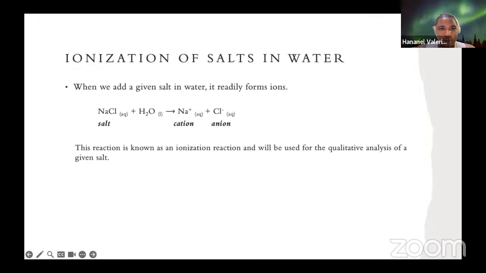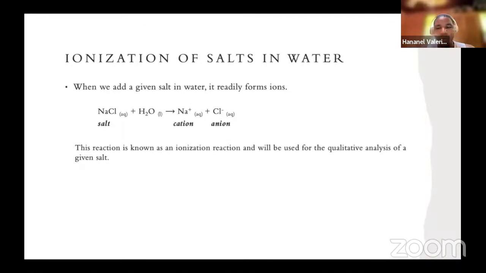Now, ionization of salts in water. When we add a given salt to water, it readily forms ions for us. Sodium chloride, if we put it in water, and that's what happens if you leave the salt in solution too long, which is why we refer to getting a dry sample of the salt, will form an electrolyte with ions: sodium ions and chloride ions in solution.